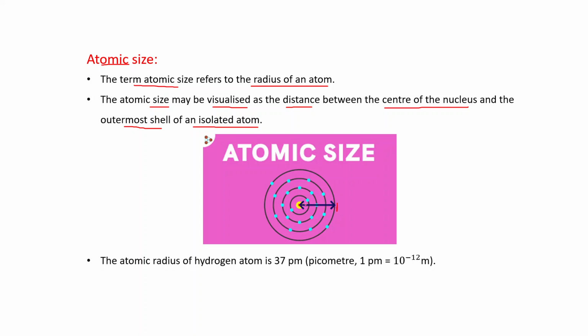The distance between these is referred to as atomic radius, and atomic radius gives an idea of atomic size. The atomic radius of a hydrogen atom is 37 picometer, and 1 picometer is equal to 10 raised to the power minus 12 meter.